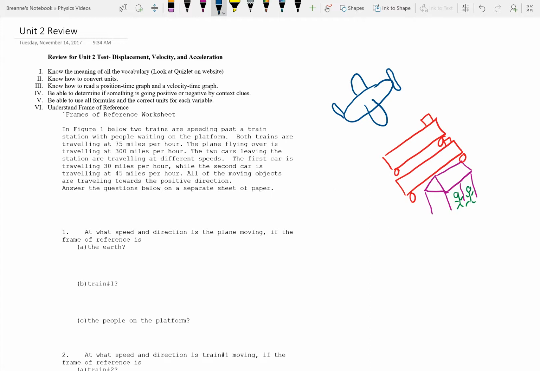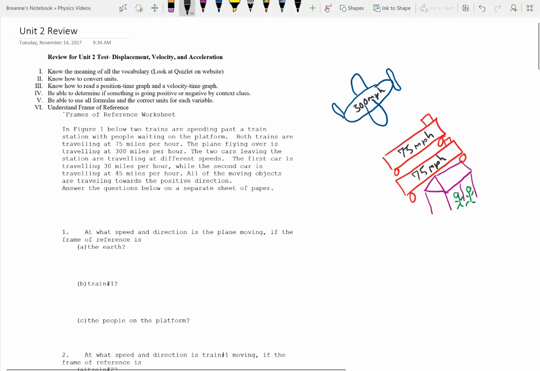There we go. We said that the train is moving at 75 miles per hour. The plane is flying overhead at 300 miles per hour. And there's 2 cars leaving the station.